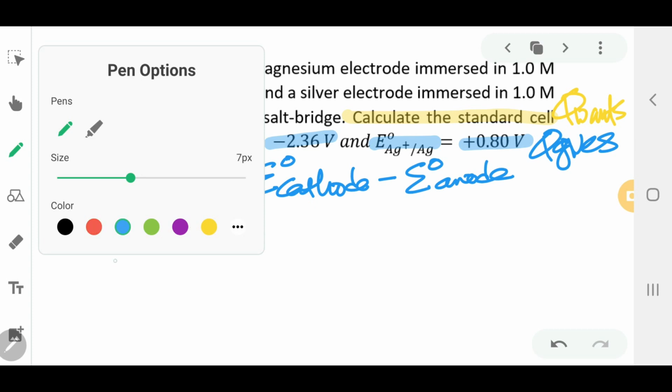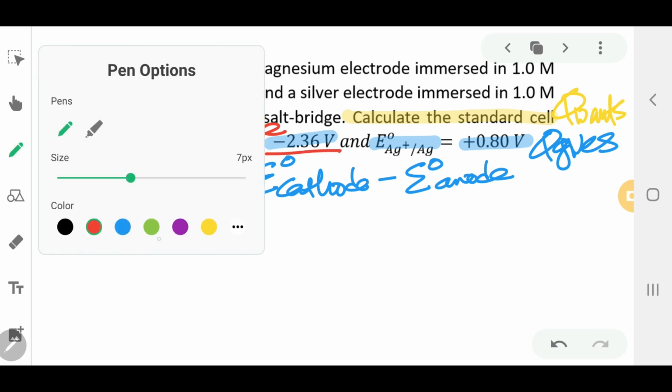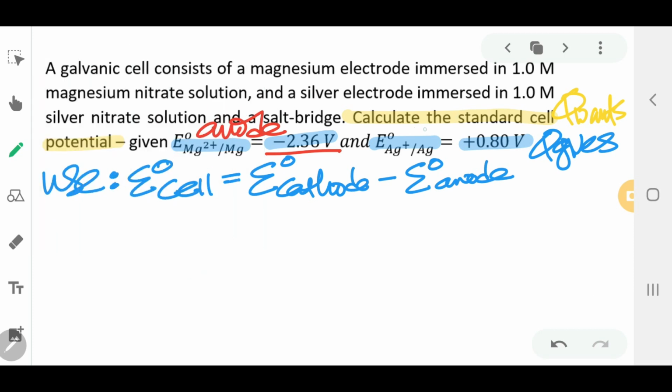Okay, so this one will be the anode because the value of SRP is more negative, and your silver half cell will be the cathode.